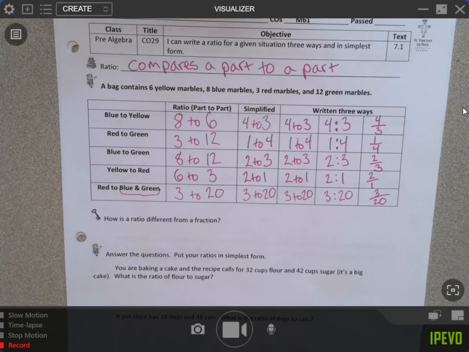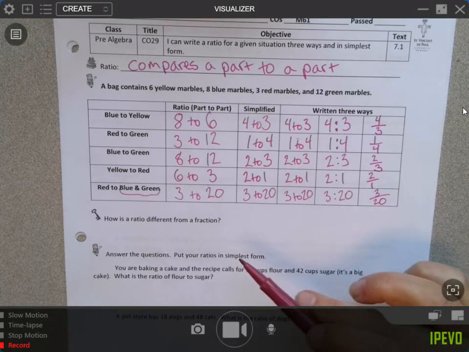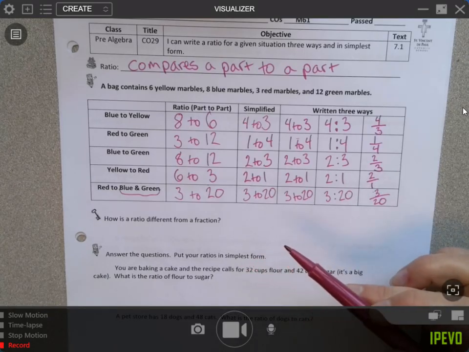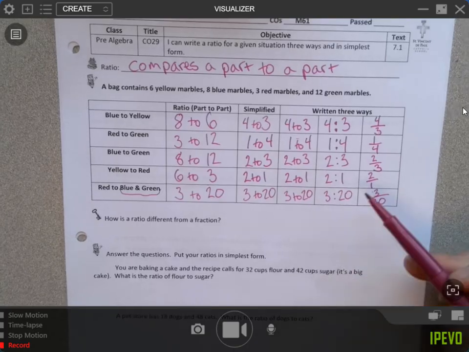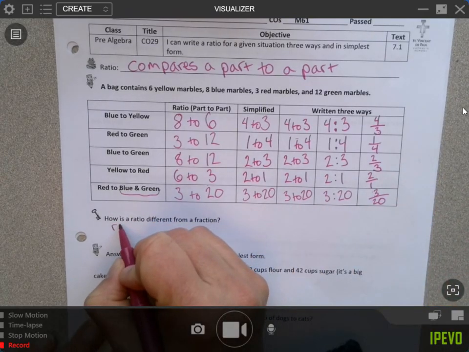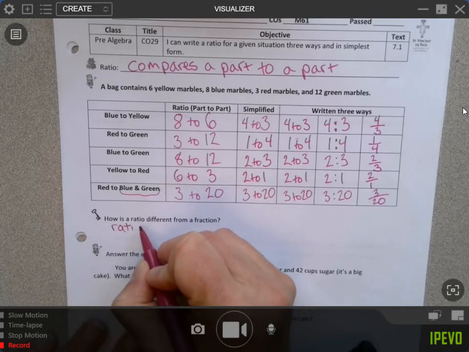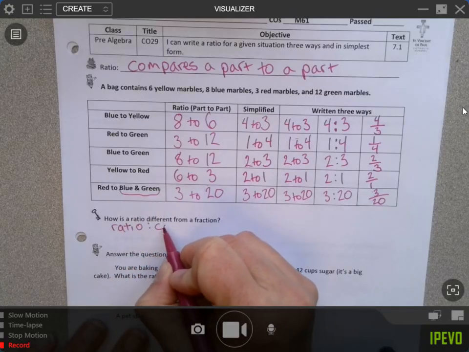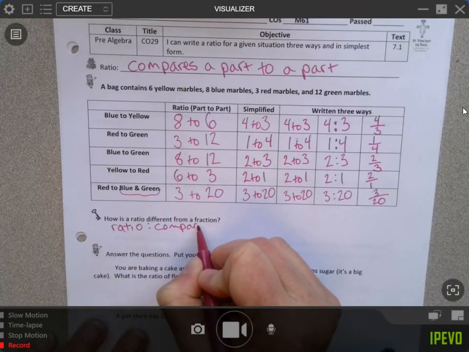So I pointed out that this is a ratio, not a fraction. So how is a ratio different from a fraction? It looks like a fraction. I called it a fraction bar, but it's not an actual fraction. A ratio compares the part to a part.